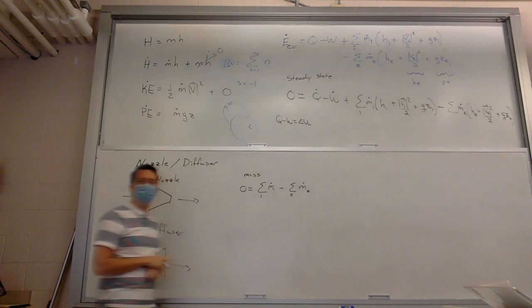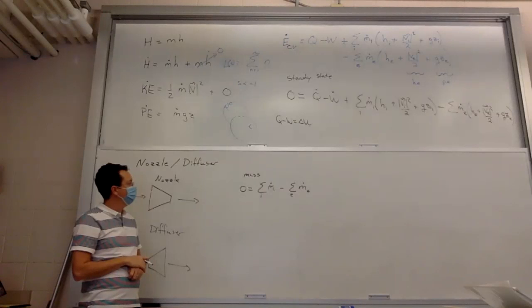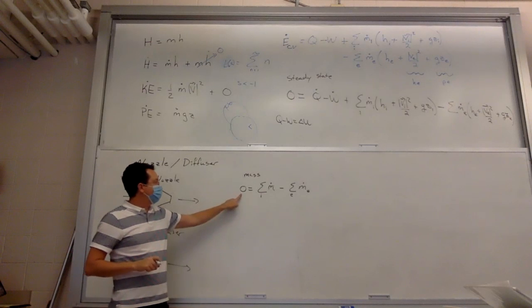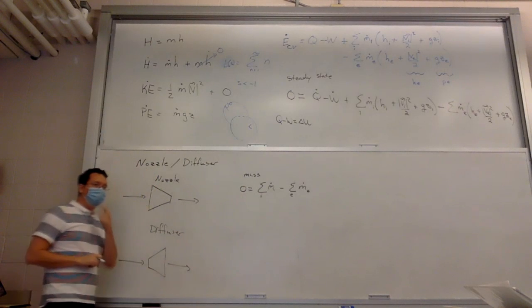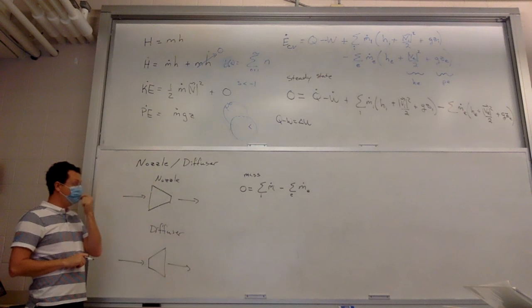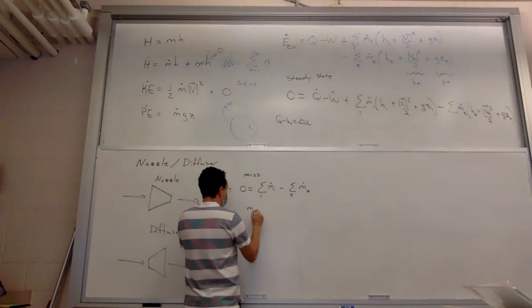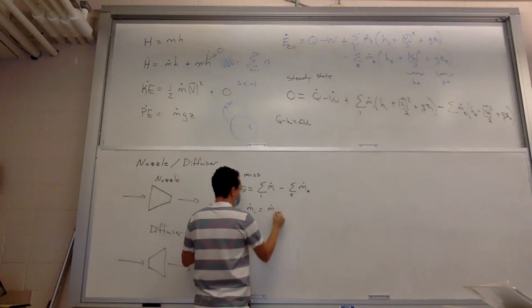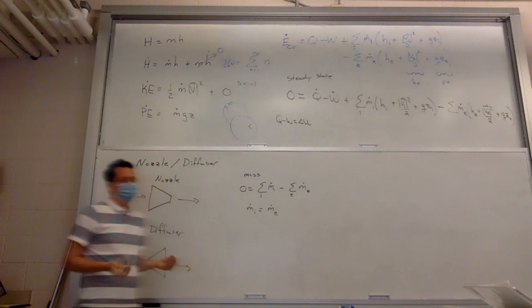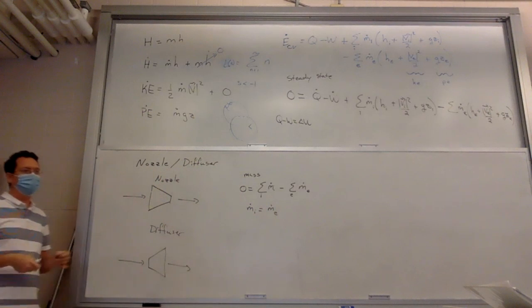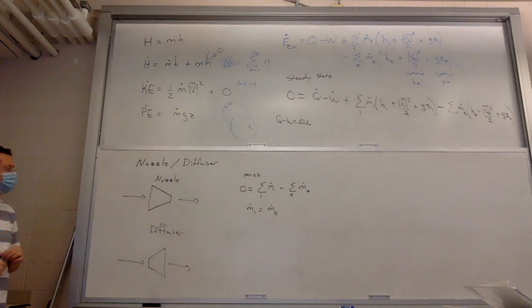That's our mass flow rate equation, and in steady state they're the same. How many inputs do I have? 1. How many outputs do I have? 1. So I just end up with m dot in equals m dot out. That will happen whenever we have just one input and one output. That simplifies our life.